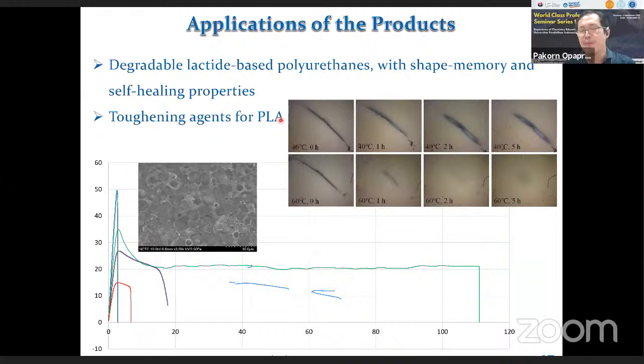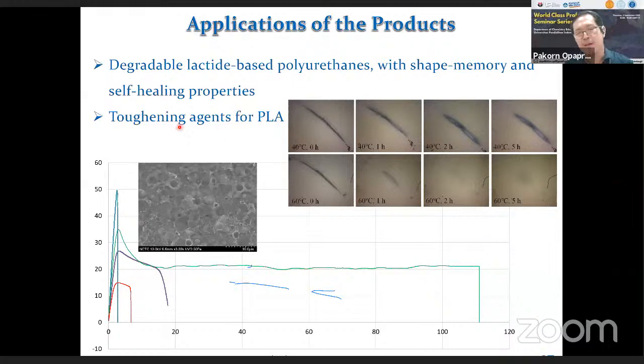One of the problems of PLA is that it is quite brittle. So if we make PLA products, they can break quite easily. This is a very challenging problem for many researchers. We want to improve the properties of PLA in this way. And the polyurethane that we make here can be used as a toughening agent.